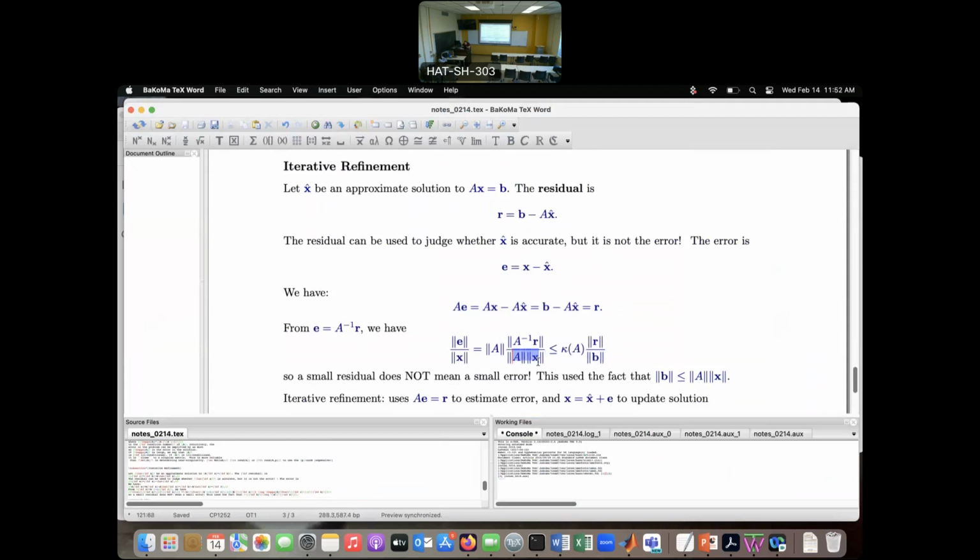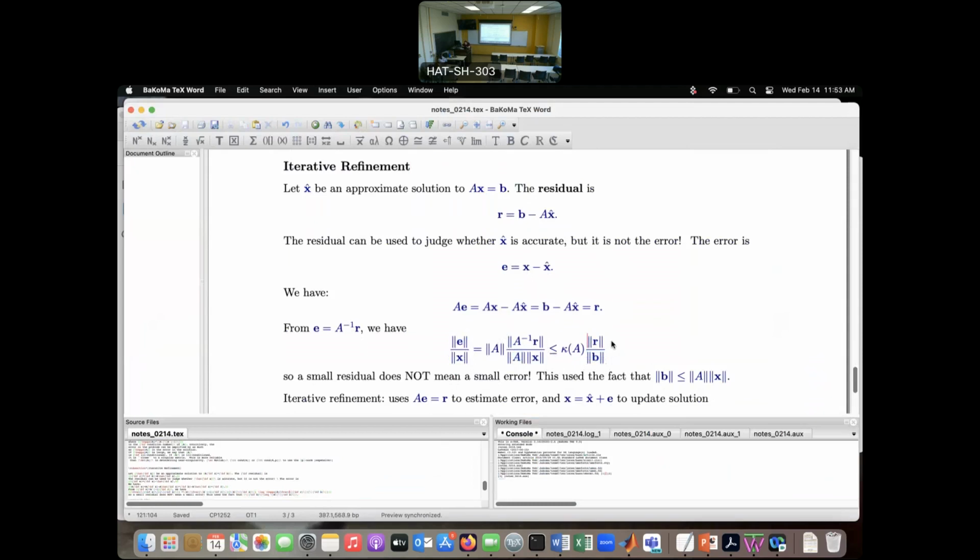So that was used here to combine the b's into the norm of b, as long as we have a less than or equal to here. Okay. Then it works out nicely that we have relative forward error, and this is a notion of relative backward error, if you will. Okay.